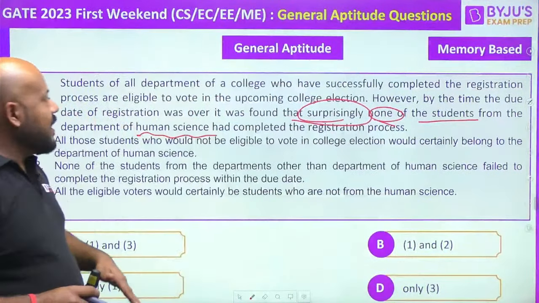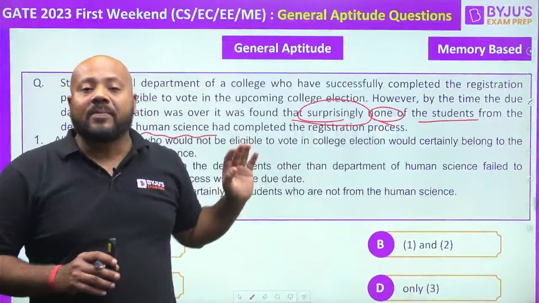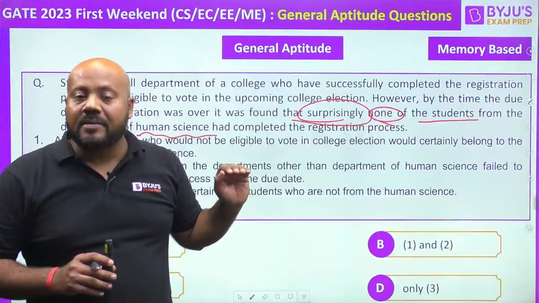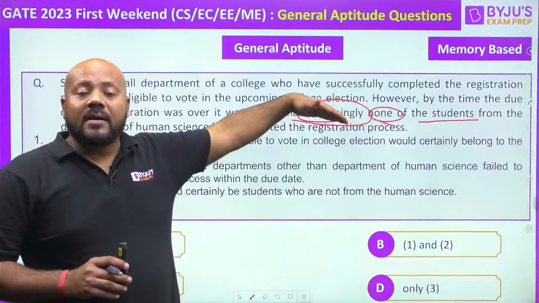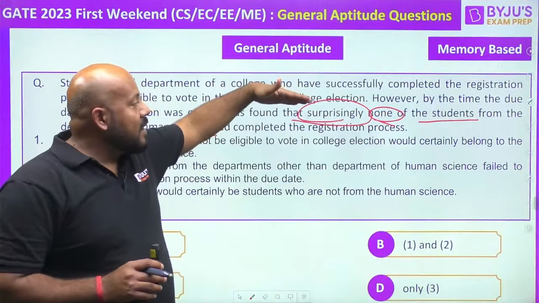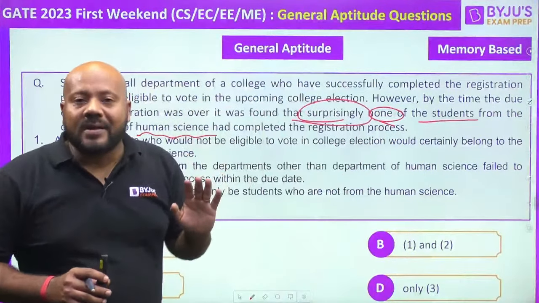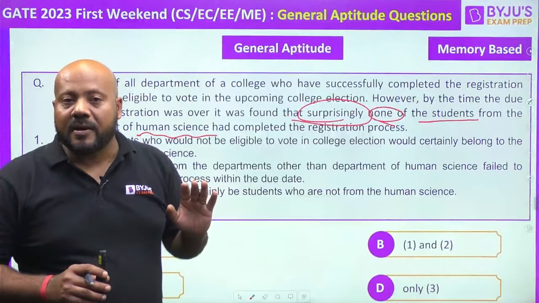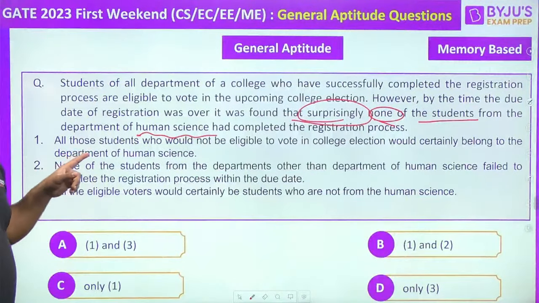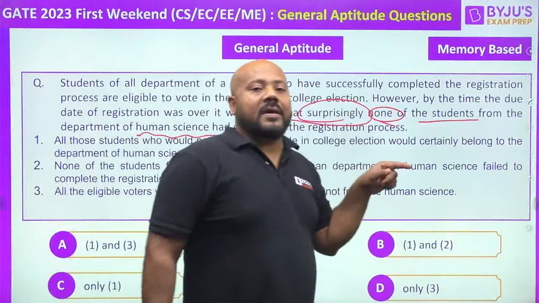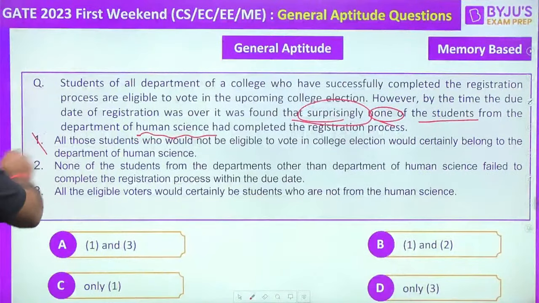He is not saying that surprisingly only Human Science department students fail to register themselves. He has nowhere mentioned that out of all the departments, only Human Science department students fail to register. So you cannot say this statement is correct because there is no information given for the students of other departments. So statement 1 is 100% wrong.